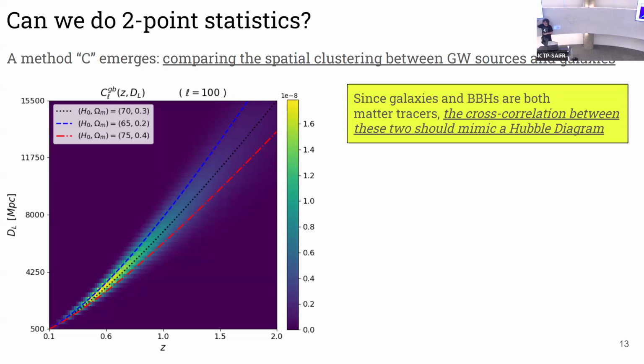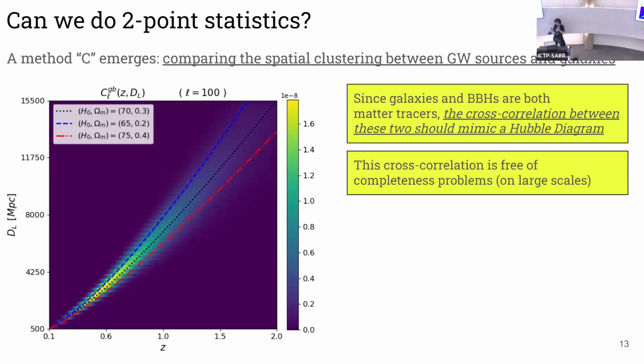And as binary black holes and galaxies are both matter tracers, when you compute this cross correlation, you see a peak in the signal where the luminosity distance and the redshift have a correspondence. And that's what we actually see. So this peak in the signal will mimic a Hubble diagram. So we can constrain the Hubble diagram with this cross correlation in a very simplistic way and systematics free.